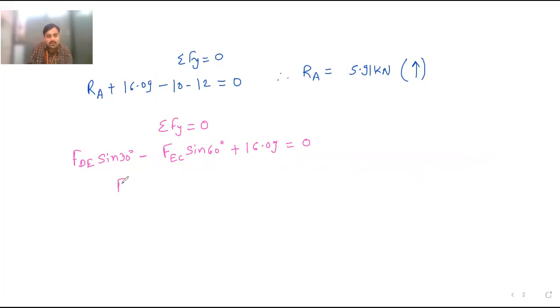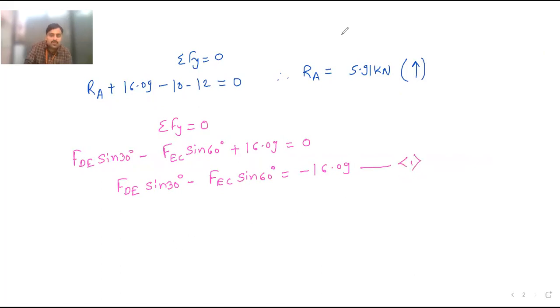Now if I reshuffle this, then this will be FDE sin 30 minus FEC sin 60, which is equal to minus 16.09. I will say this is my equation number 1.